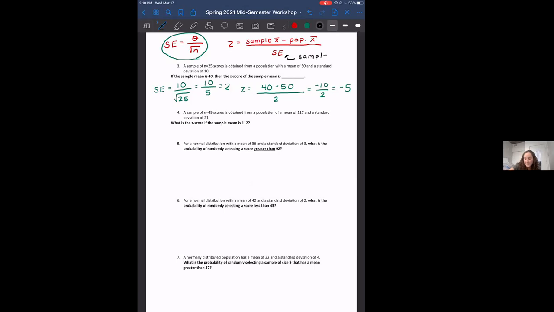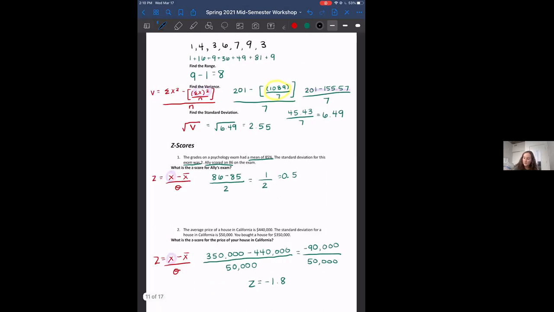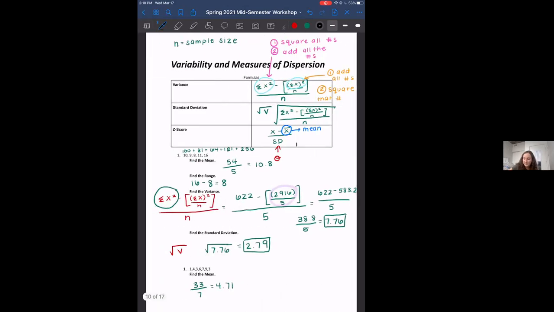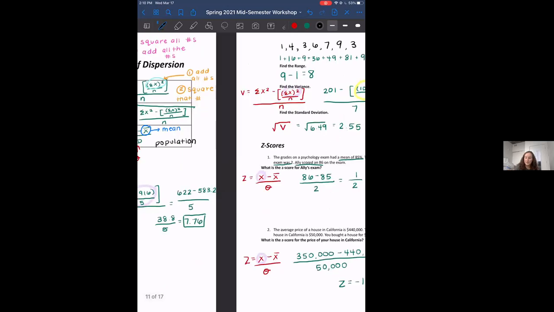If it doesn't say that, then you use the other one, the formula for a population. Does that make sense? All right, cool.